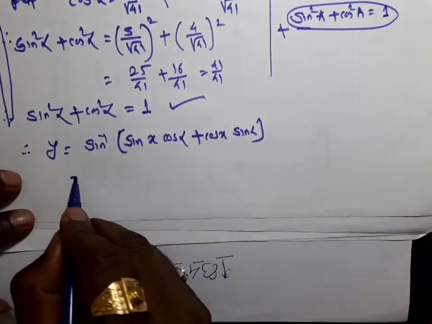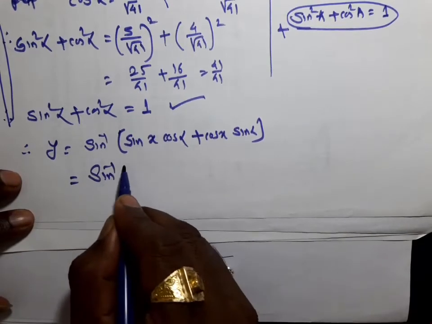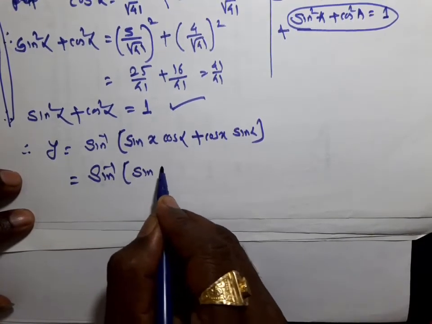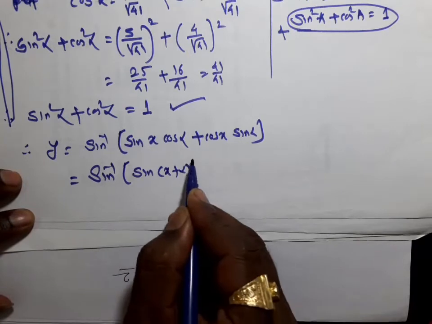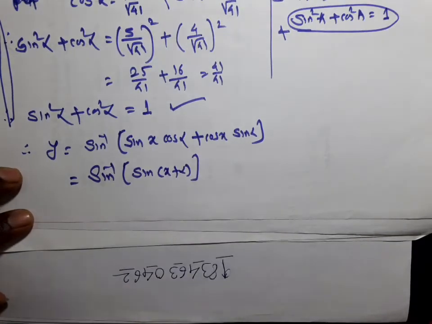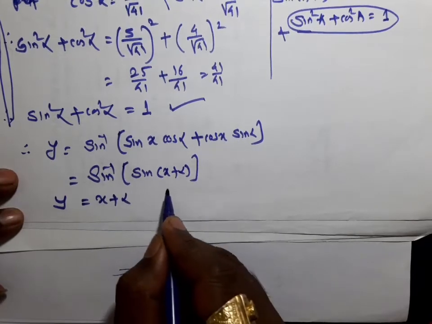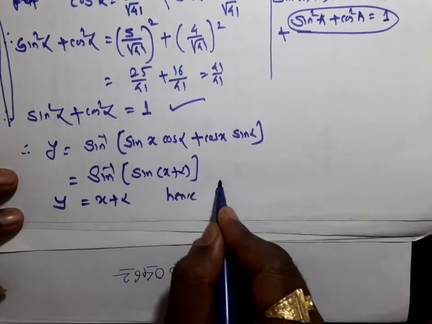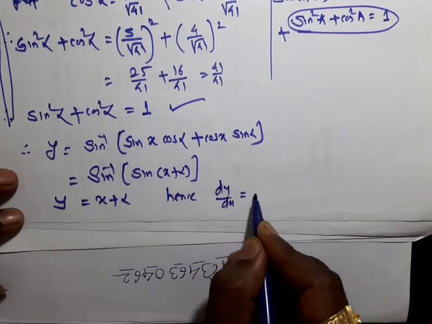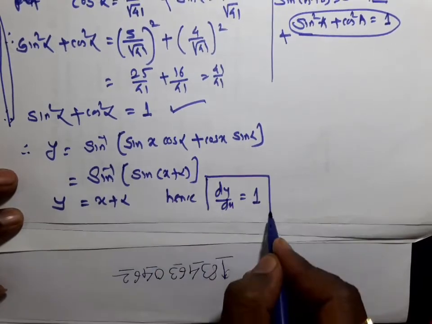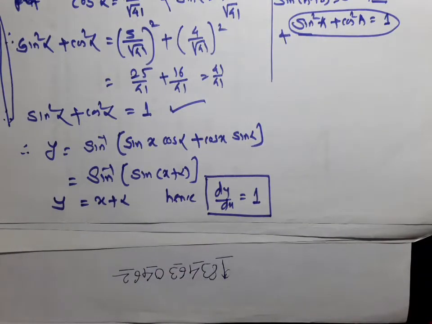And what is this? It will be sin inverse sin x plus alpha, and therefore y is equal to x plus alpha, and hence dy by dx is 1 because alpha being a constant.